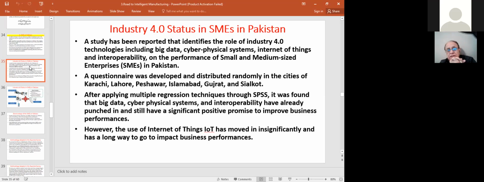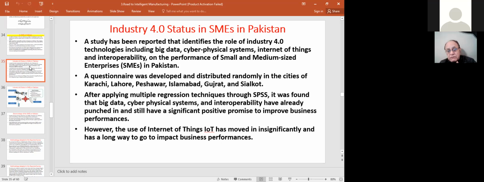We see that deficiencies are there in technologies like the use of big data, cyber physical systems, the Internet of Things, and interoperability, and in the performance that these small to medium-sized enterprises could have achieved.